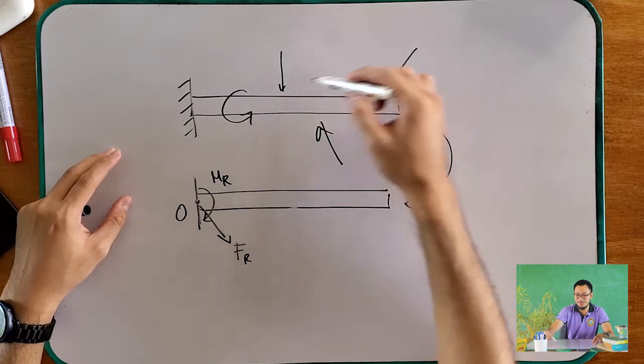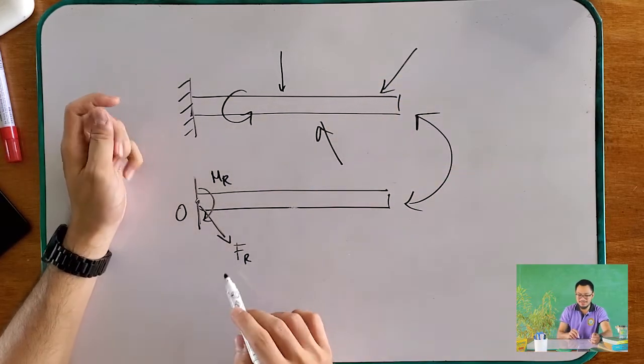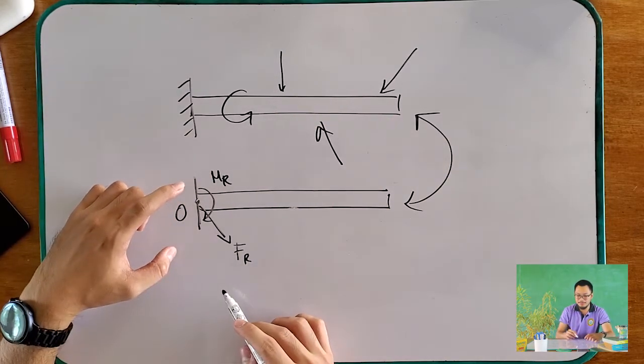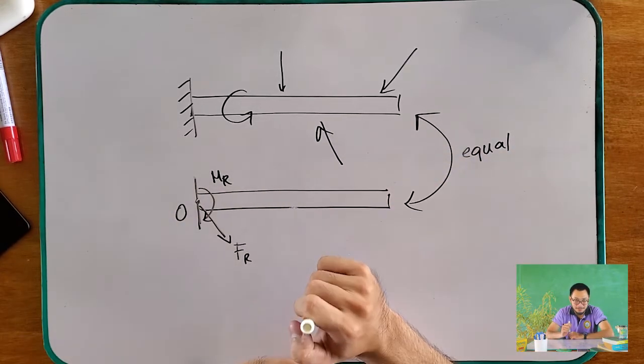So this is our goal for this lesson. We have to reduce these multiple loadings on the beam into a resultant, but these two have equal effects on our beam.